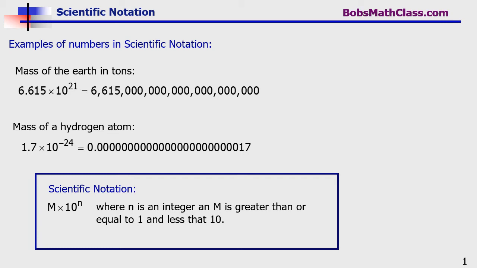And capital M is greater than or equal to 1 and less than 10. So it could be equal to 1, but it can't be equal to 10. It's got to be less than 10, like 9.8 or 9.9. But it could be equal to 1 or 1.3, but it's got to be less than 10, so it can't be bigger than 10. It can't even be 10. Okay?